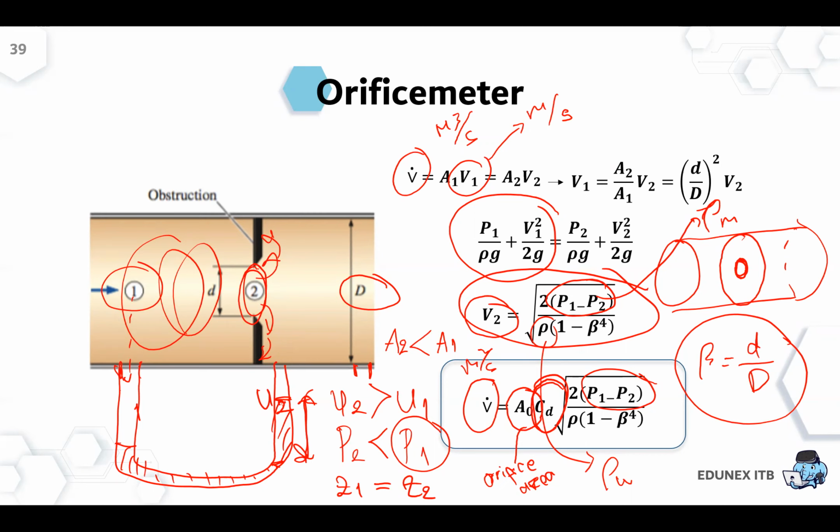I'm just wondering, in this orifice meter, does that apply? Yeah. This is actually the same condition. When you pinch the hose, it means you reduce the area, right? So if you reduce the area, you will have increasing velocity. That's why the water can travel longer.